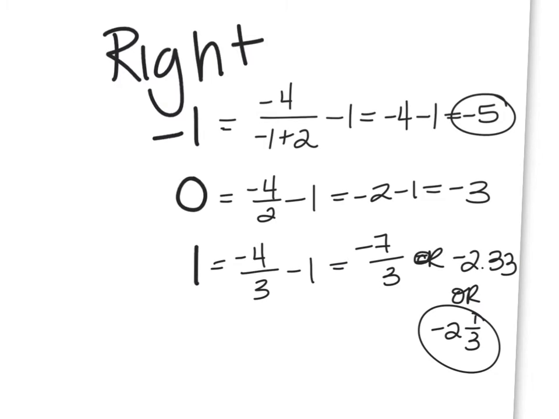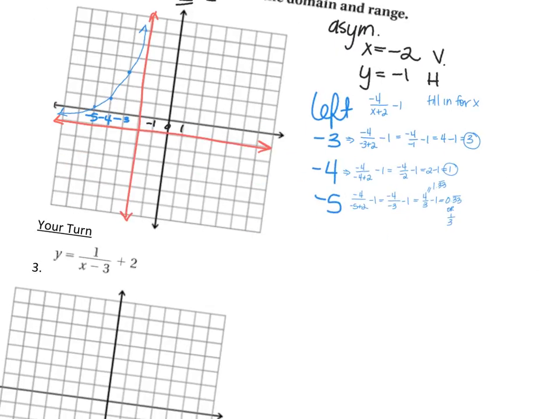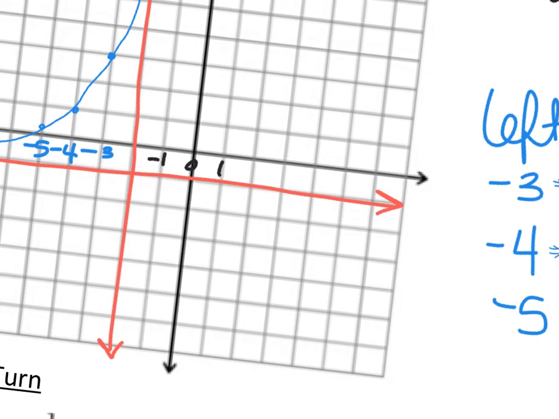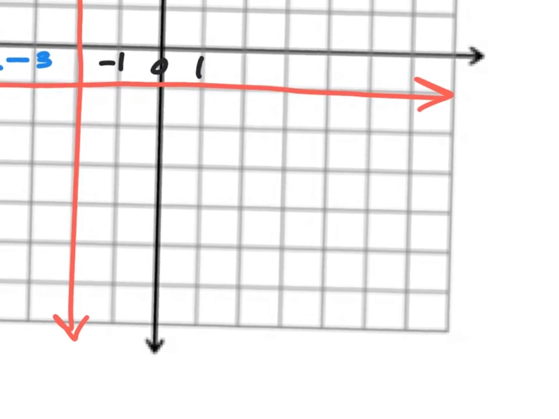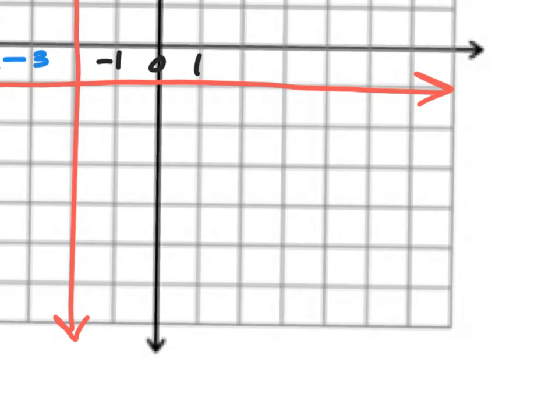So let's go back to my graph and plot all of those. At negative 1, I said it was going to be negative 5, meaning we're down in this corner. It's going to be from the actual axis, from this starting point. It's not going to be from the red line, it's going to be from your axis point. So negative 1 goes down to negative 5, which is right here.